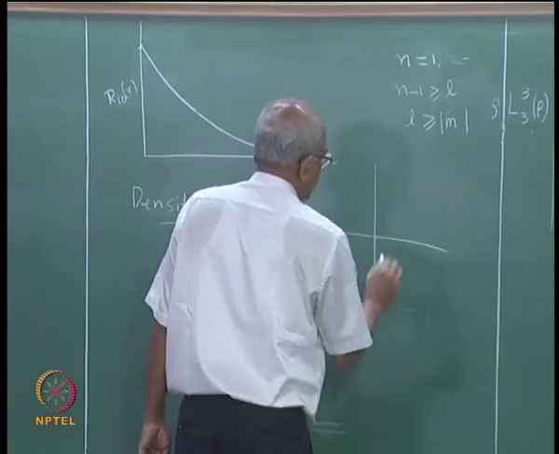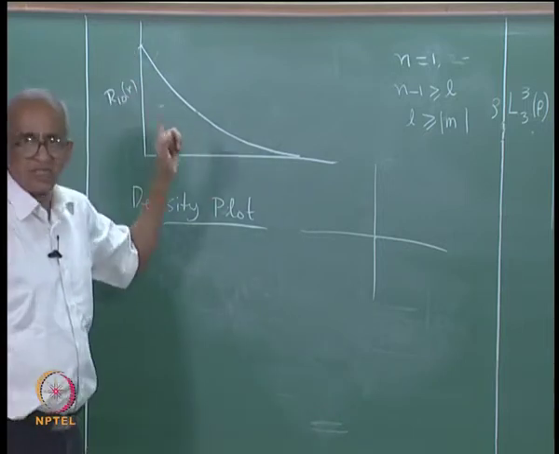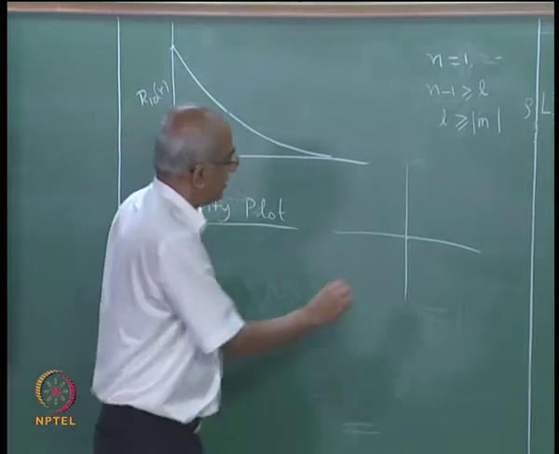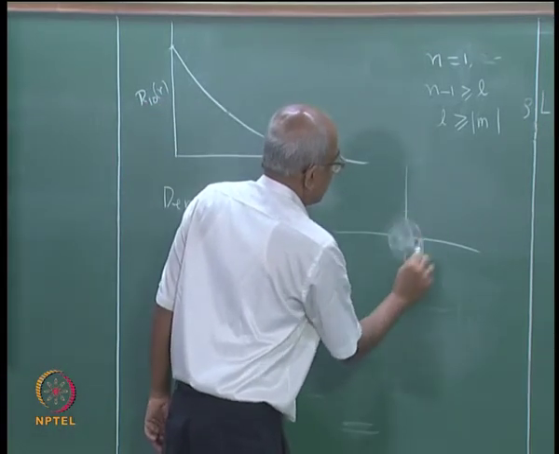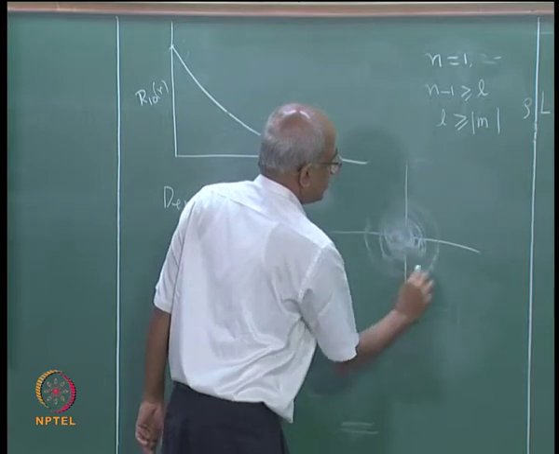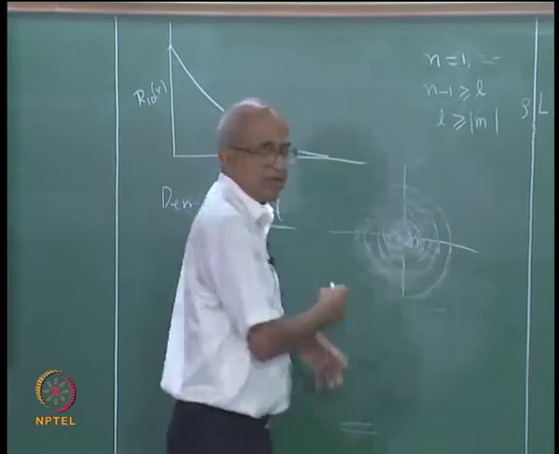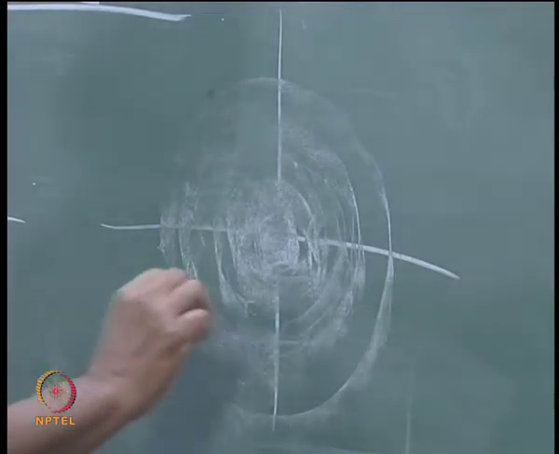Here is my nucleus. Where is it that this function has the largest value? It has the largest value at the nucleus. Therefore, the density of shading is going to be maximum at the nucleus, and as you go away from the nucleus, the density of shading will decrease, and when you go further and further away, it will simply go on decreasing, and this is how you would represent this particular function.